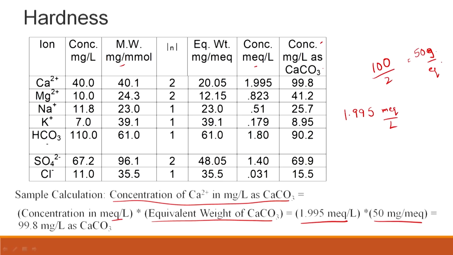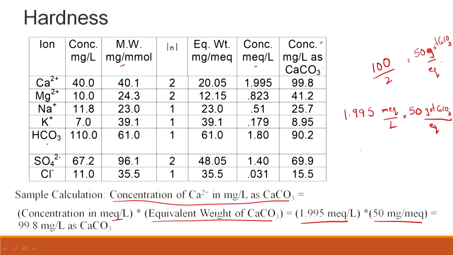And what do I have here? I need it in terms of as CaCO3. So we have 50 grams of CaCO3 per equivalent, right? So obviously, if I need the units in terms of that, I need to multiply by 50 grams of CaCO3 per equivalent.